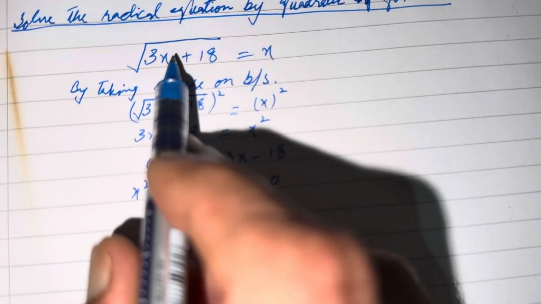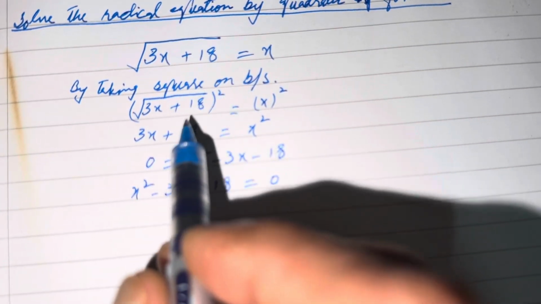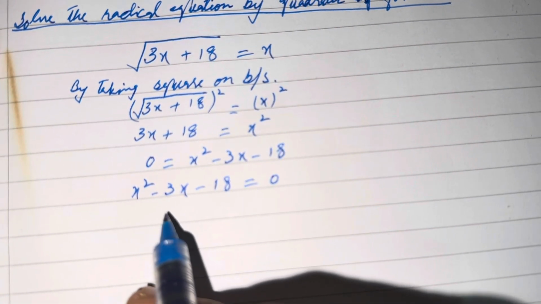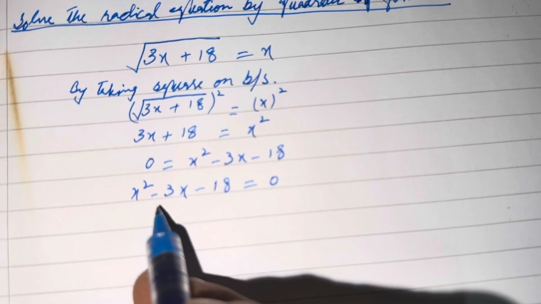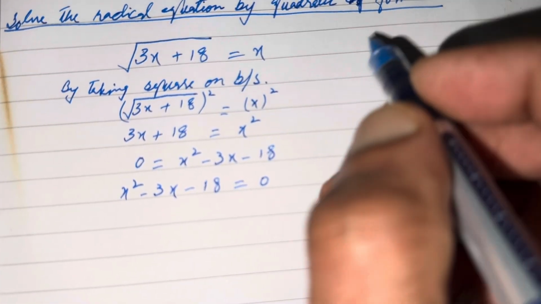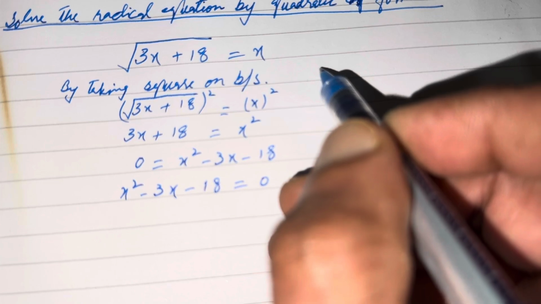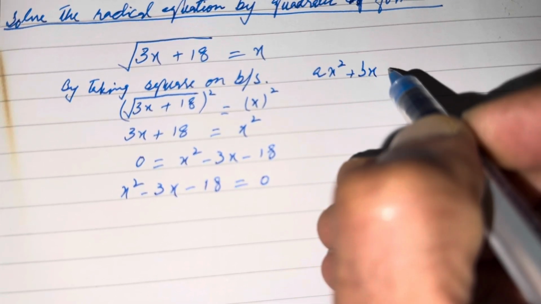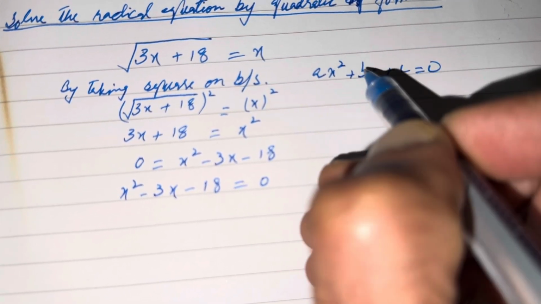So we have removed the sign of the radical by taking square on both sides. So now this equation has become like a standard form of the quadratic equation. So as you know, the quadratic equation is always written as ax squared plus bx plus c is equal to 0.